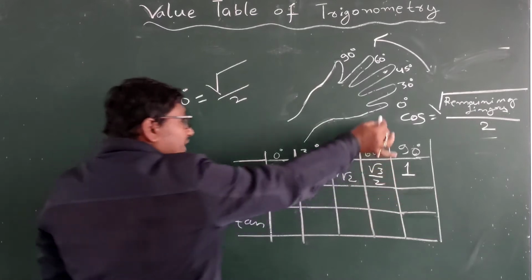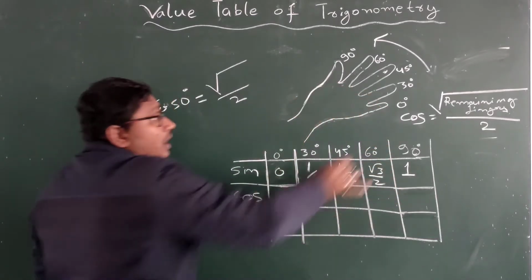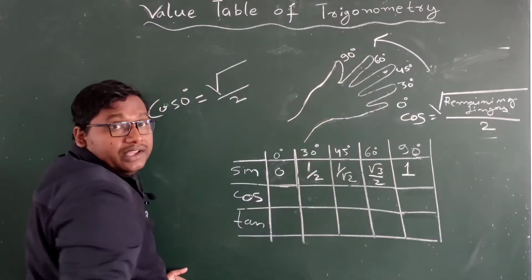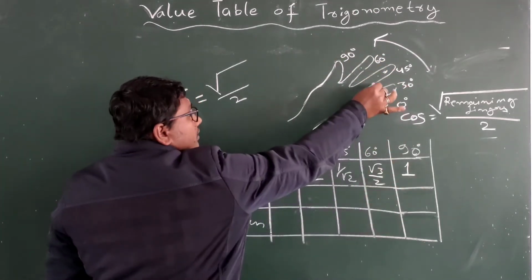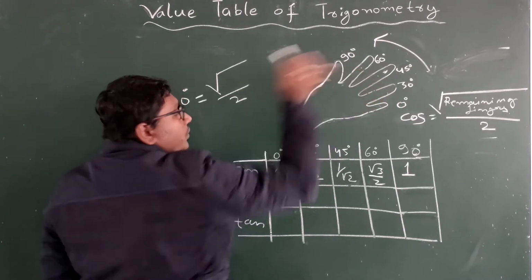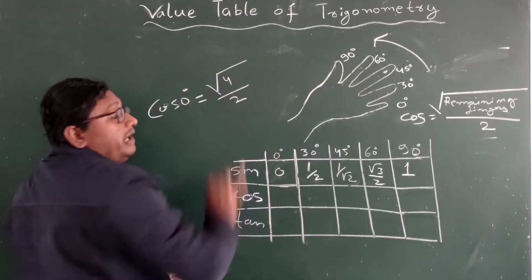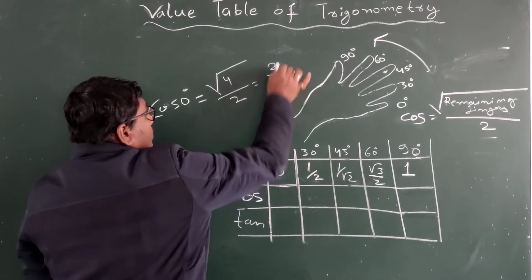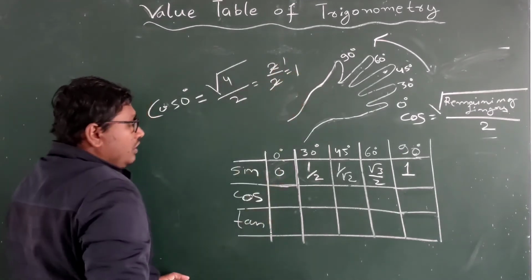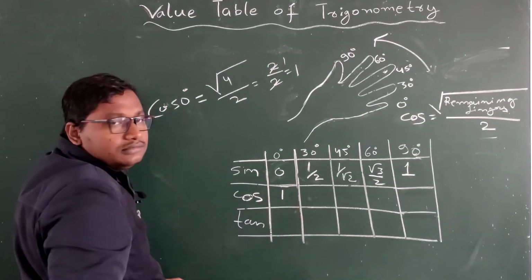You see, I have started from here, 0 degree. How many fingers will be left in the anti-clockwise direction? 1, 2, 3, 4. 4 fingers will be left, so 4 should be written here. Now the square root of 4 will be 2, and then 2 divided by 2 will give us 1. So cos 0 degree is equal to 1.